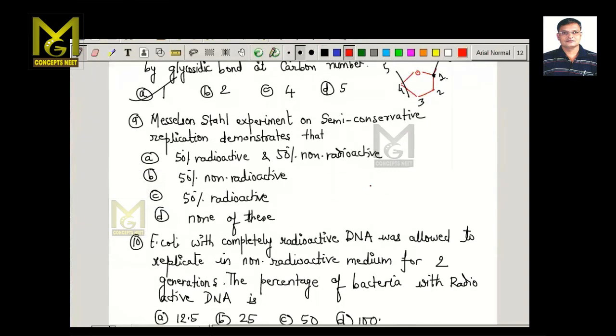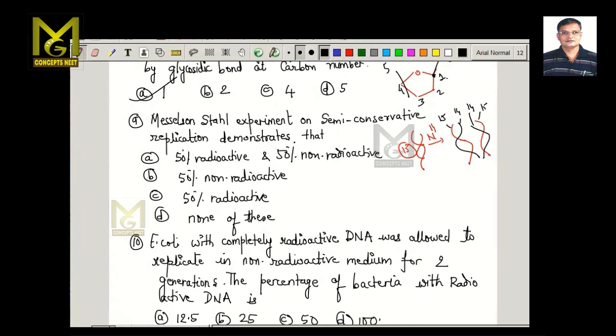Michelson and Stahl experiment on semi-conservative replication demonstrates. So if we look at the Michelson and Stahl experiment, if this N15 radioactivated DNA is introduced into N14, we get a DNA molecule which will have N15 and N14 strands.